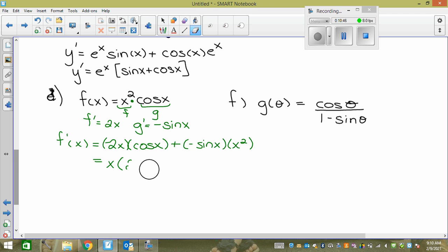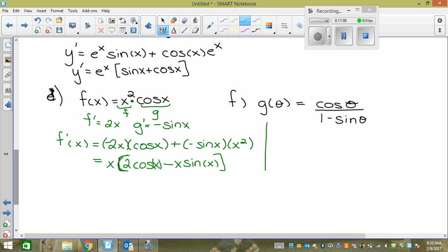Yep. And then often they'll put the x to the front and leave the minus sign in front of that. So they'll go minus x sine x. So that's that one.